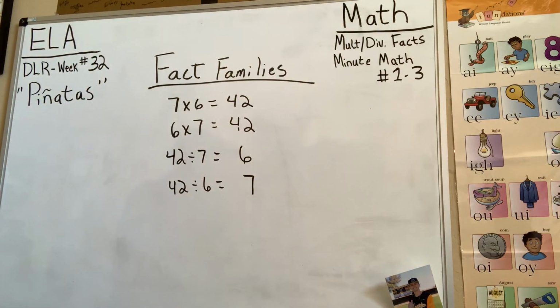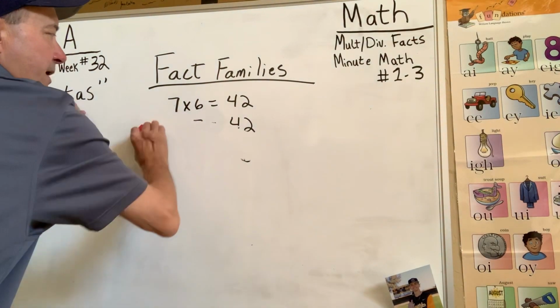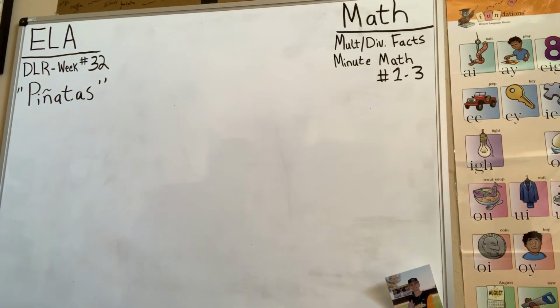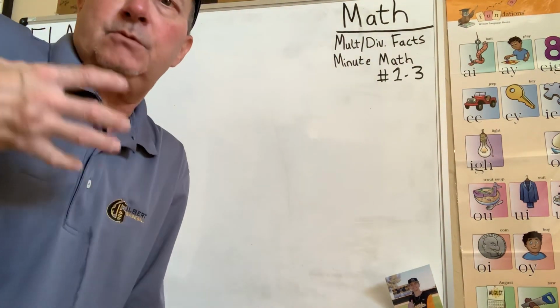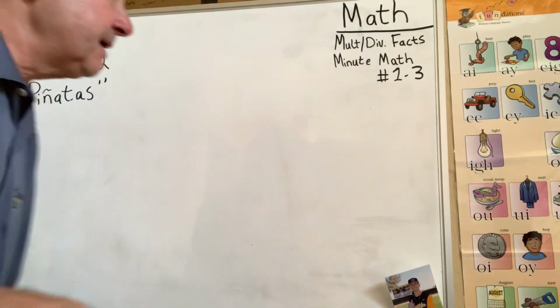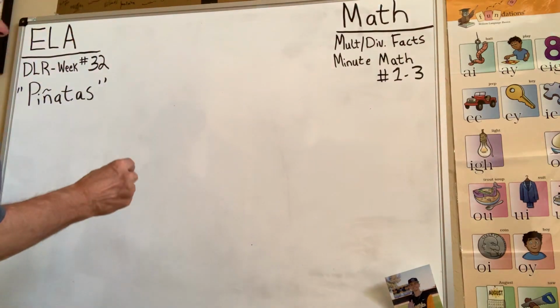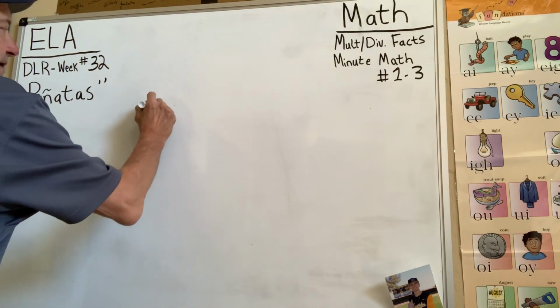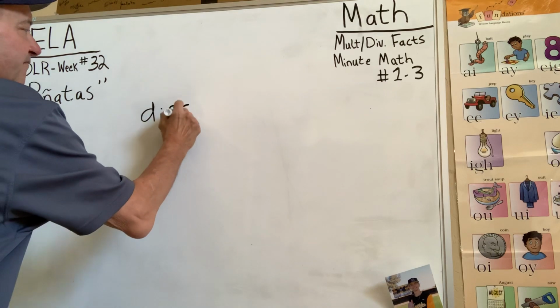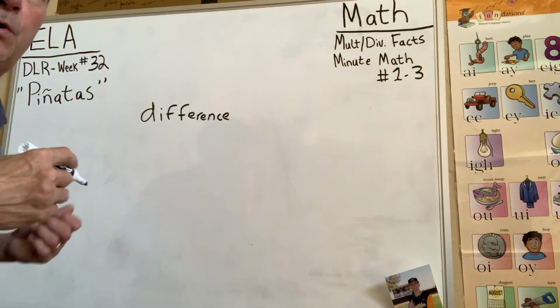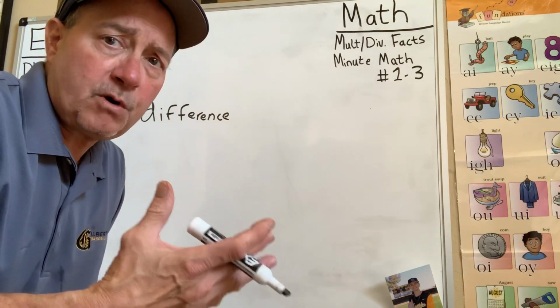So let's move on. Another thing that we have, and this came up today during our Zoom, so I really wanted to go over it real quick, where people were asking, hey, Mr. Ruppel, do I add, subtract, what do I do here? So when we're looking at a problem, these are on your Minute Maths as well. And as they say, what is the difference between the numbers, or the word difference in your word problem?